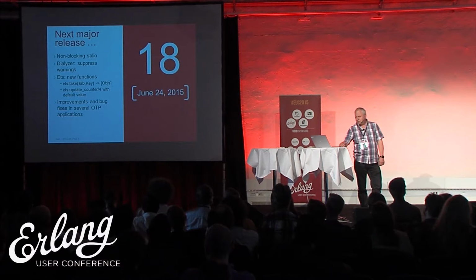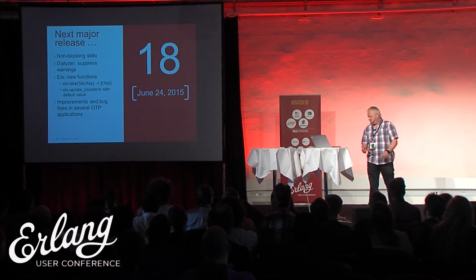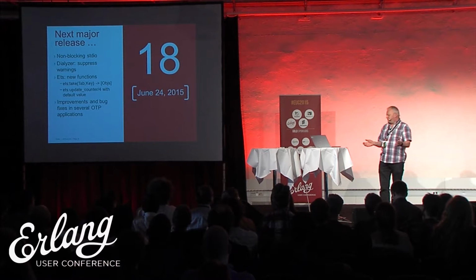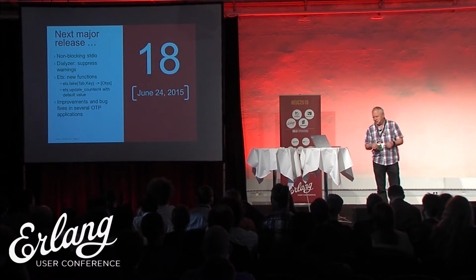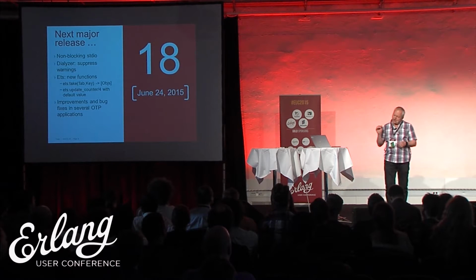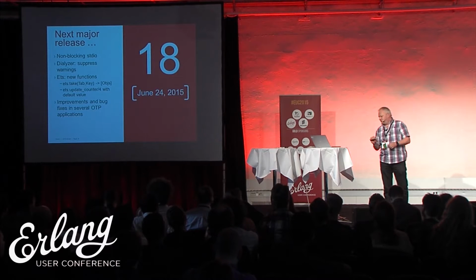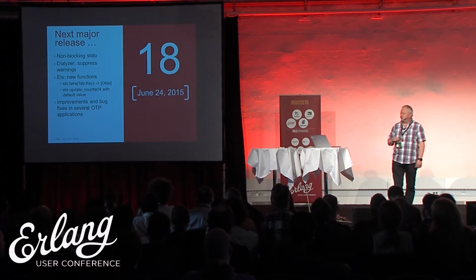Dialyzer, you can suppress warnings. We strive to that you can use dialyzer and get 0 warnings, but sometimes you have warnings in some modules that I know this, but I will not change because I don't think it's an error. Or I will not change it now, I accept these warnings now.